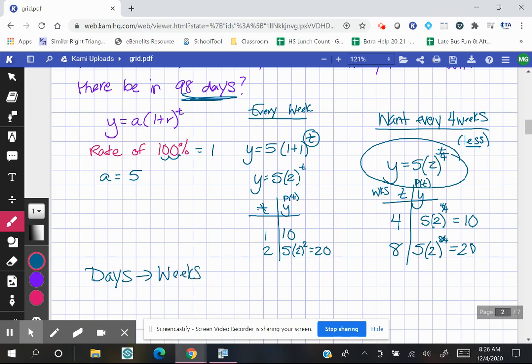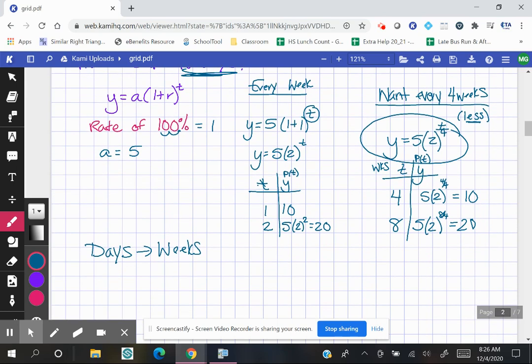Well, hopefully you're saying smaller, because we have 7 days in a week. So 7 days is bigger than 1 week. So I'm going to take my 98 days and divide that by 7. 98 divided by 7 gives me 14 weeks.